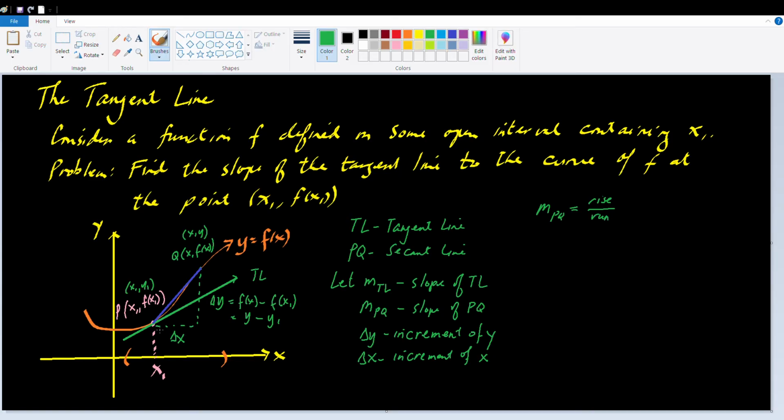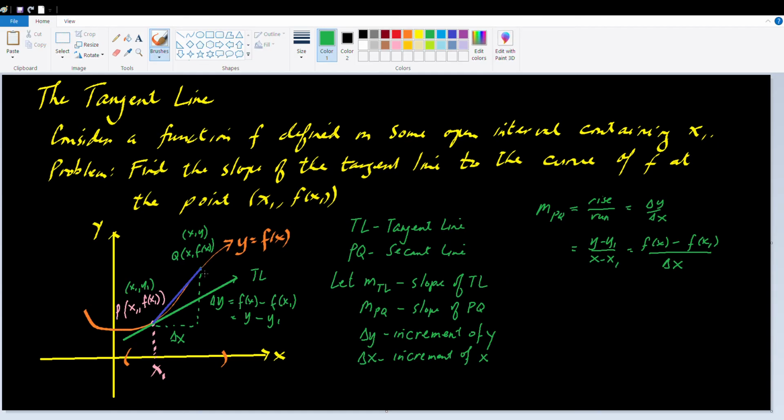So that will be delta y all over delta x, which is the same as y minus y1 over x minus x sub 1, or f of x minus f of x sub 1 all over delta x.